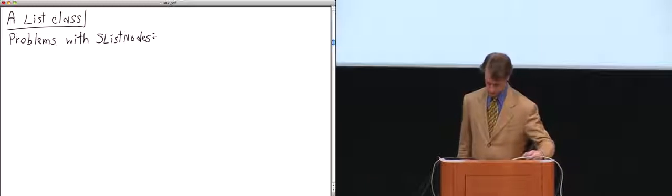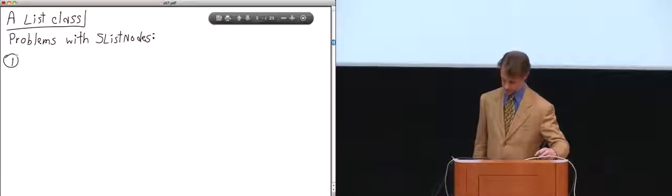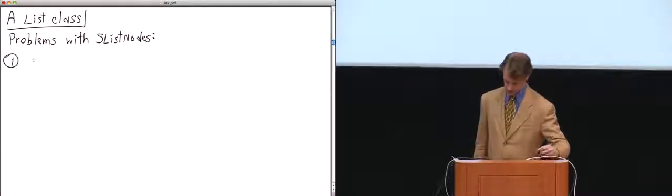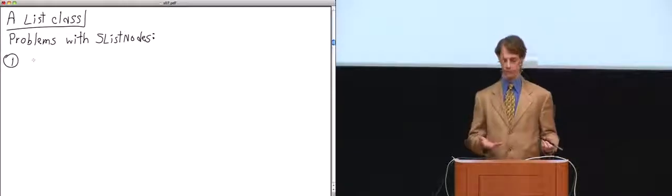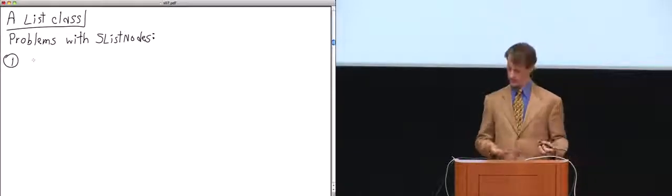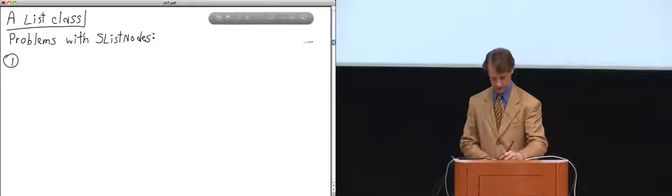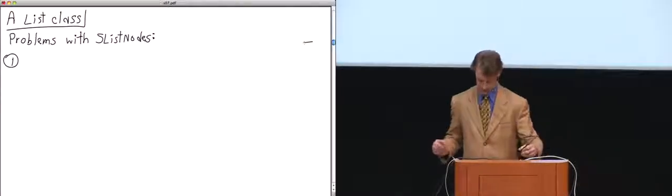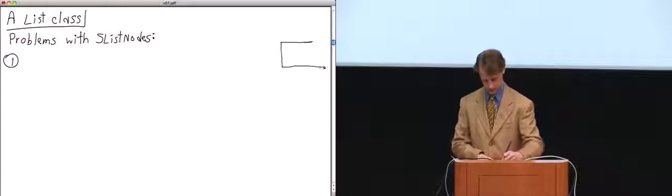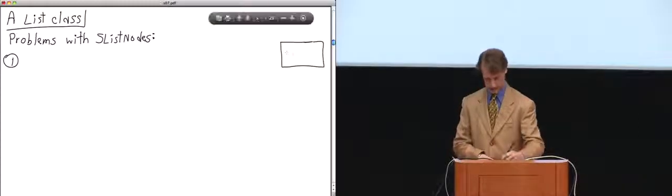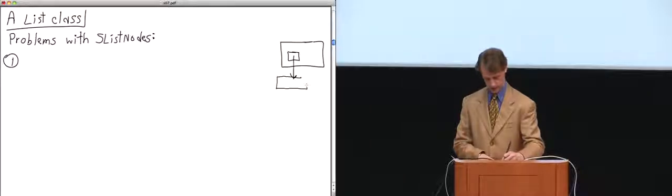And here's the way to think about this. Problem number one. Suppose that you have two different pointers, X and Y, that are both pointers to the same shopping list. So let's draw that like this. We have a list node, and my object field points to the string milk.